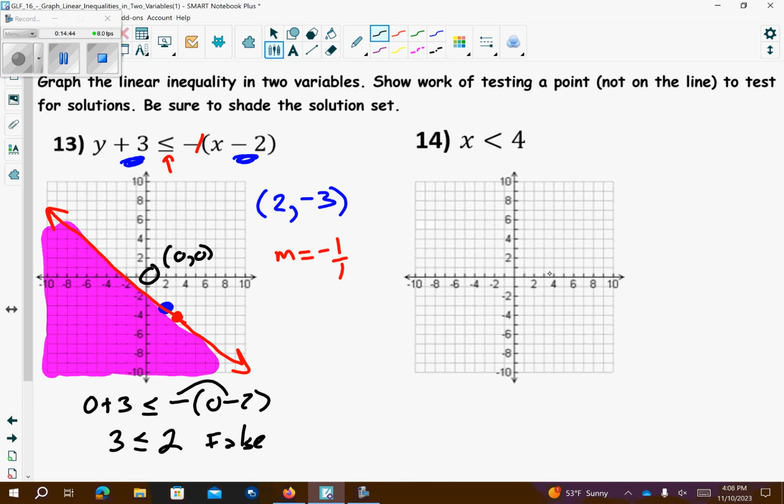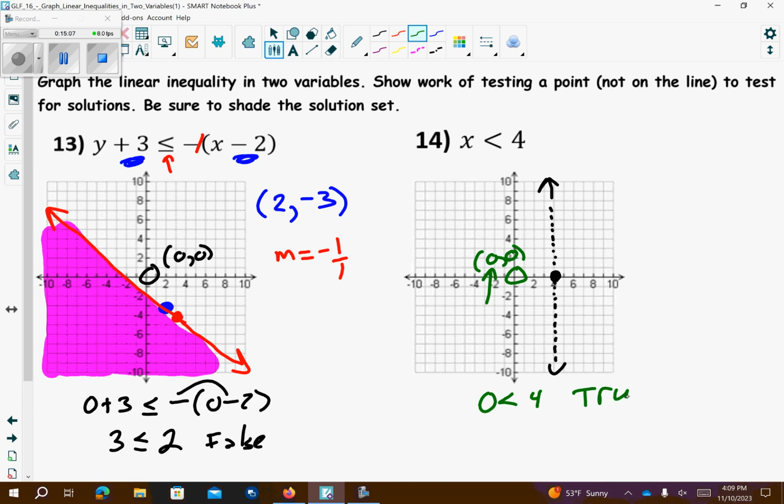x is less than 4. So 4 is right here. This is one of our special cases. It doesn't have a line underneath it, so it's a dotted line. Dotted vertical line. Remember, that's the undefined slope. I'm going to try my 0, 0. The only 0 I can use is the x value there. So is 0 less than 4?